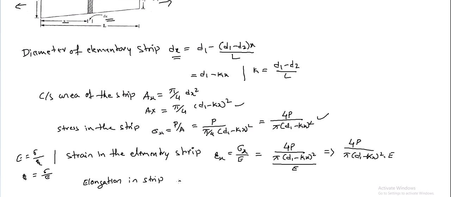So the elongation in the strip can be written as delta L. I am taking this small delta because I am doing it for a small area, and later I will go for the total area, that is strain with respect to dx. So the strain with respect to dx, I can write with a similar equation: 4P by pi (d1 minus kx) whole square times dx.